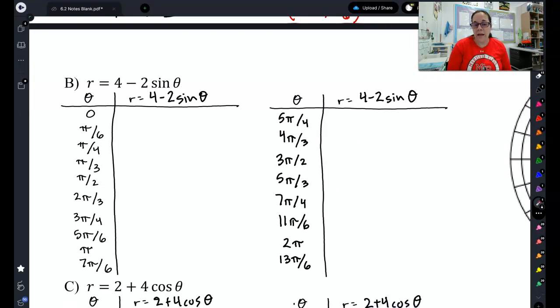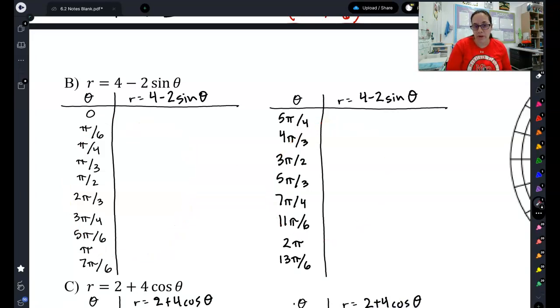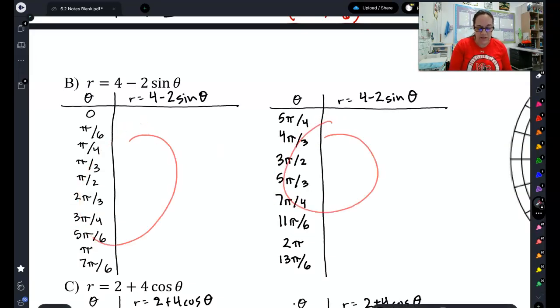So let's just for now work on plugging all these points into our calculator and writing out what the points are. So pause the video, type all these into your calculator, get the point answers, and then come back and check your points before you start graphing.